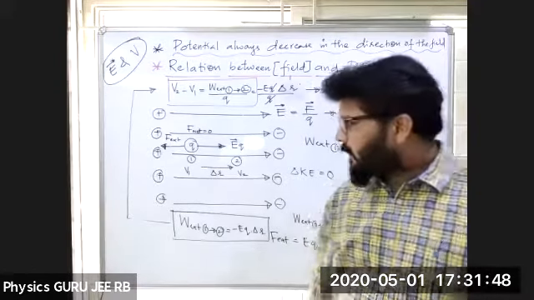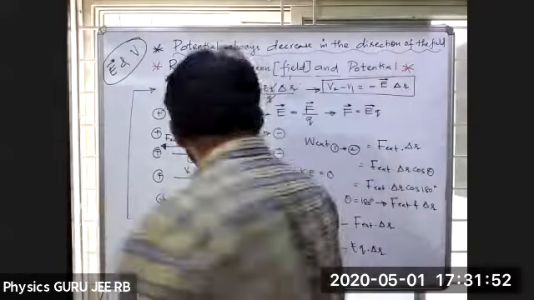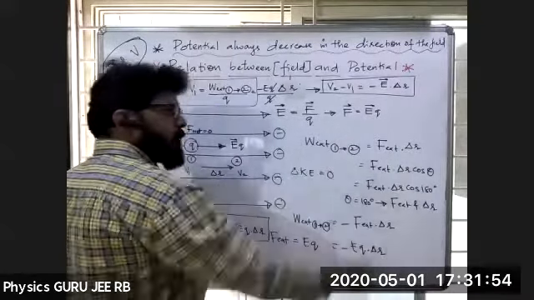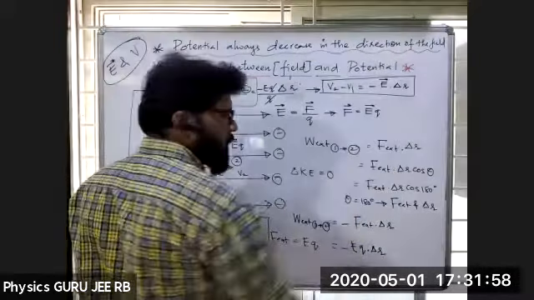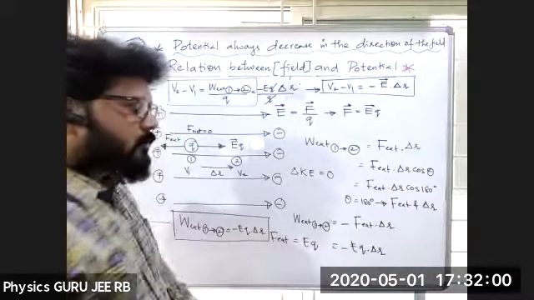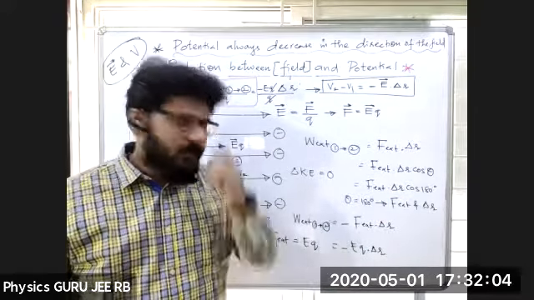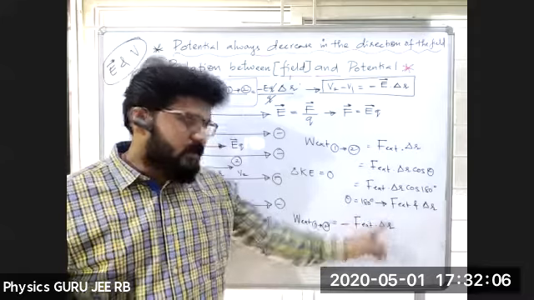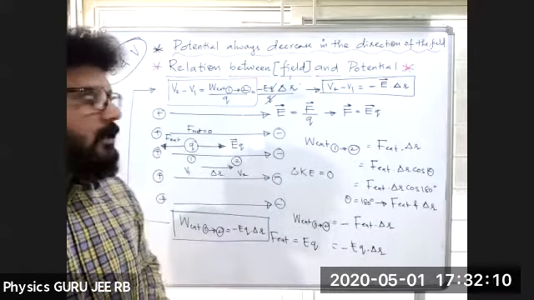Okay, 180 degrees. Now simply we'll be substituting that expression there, right? F external into delta R, or F external delta R cos theta. So F external delta R into cos 180 degrees. So now theta is equal to 180 simply, right? Hope it is clear till this point.